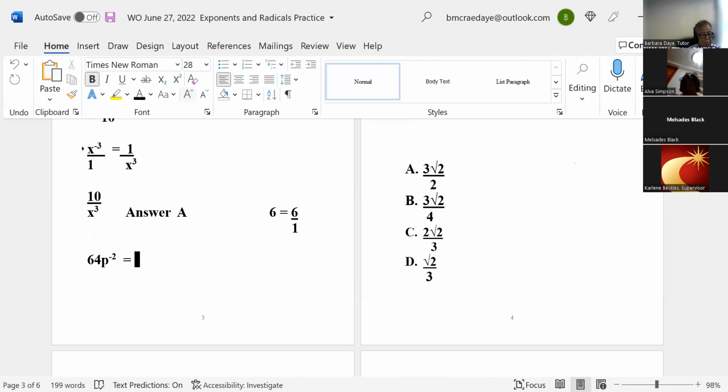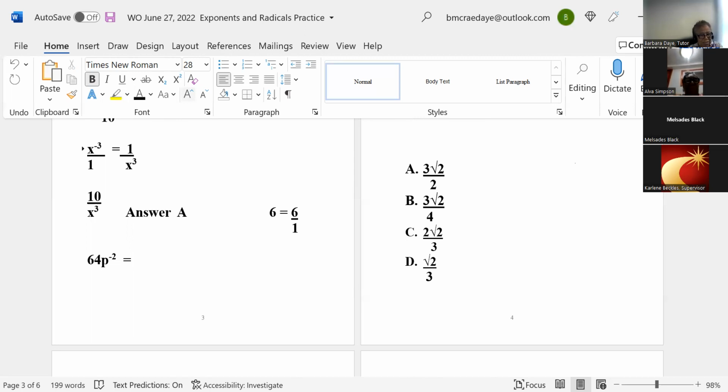32p to the negative, plus 2, I should say. What would you say, Alva? Mercedes says 32p to the second power.